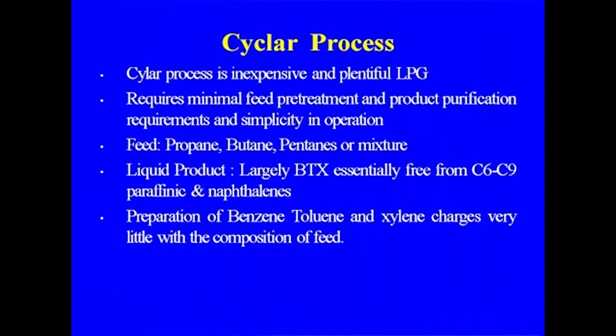So, the feed is propane and butane, pentanes or a mixture of these. The liquid product is largely BTX, essentially free from C6 to C9 paraffinic and naphtha. So this is a more pure form of the product that we are getting. Preparation of the benzene, toluene, xylene charge varies very little with the composition of the feed.